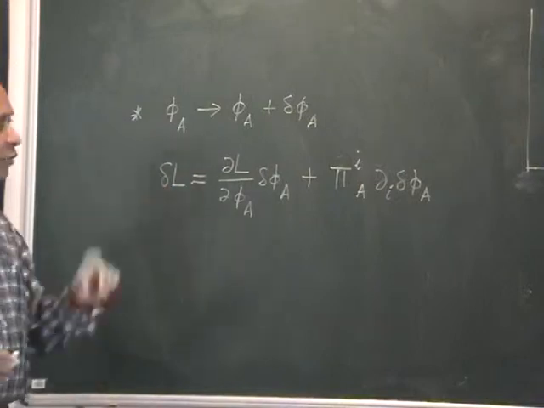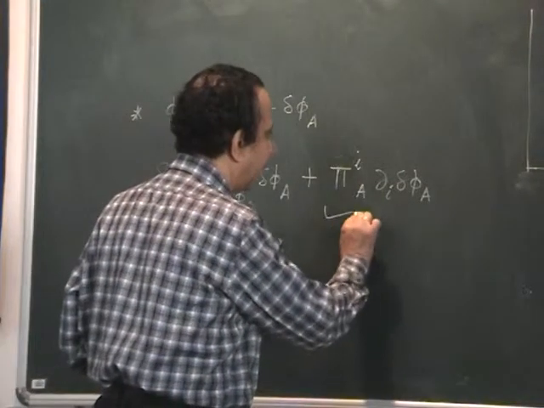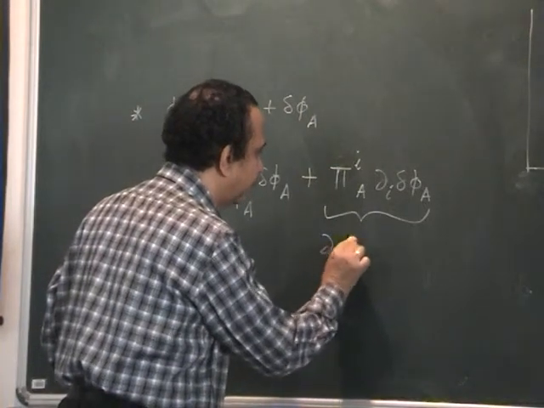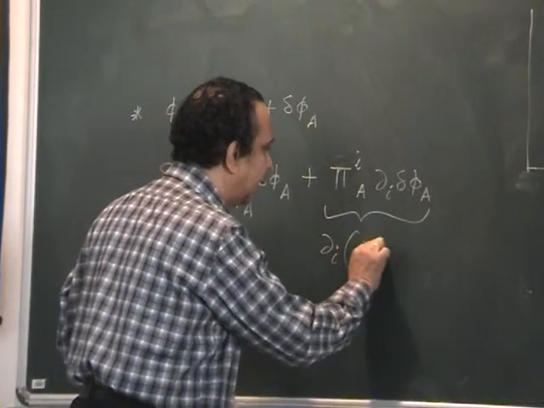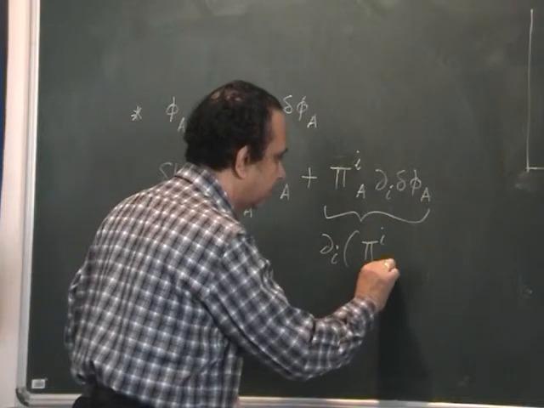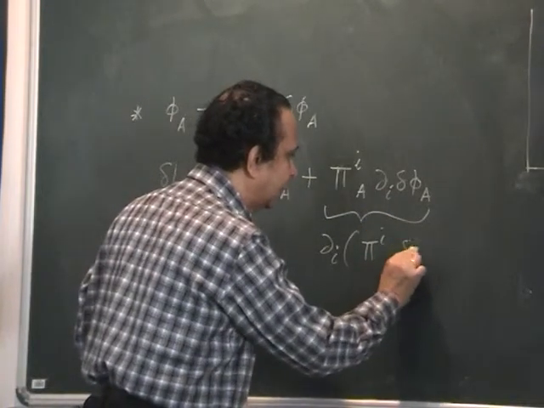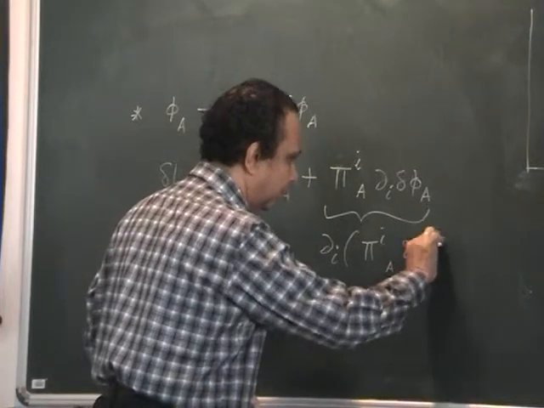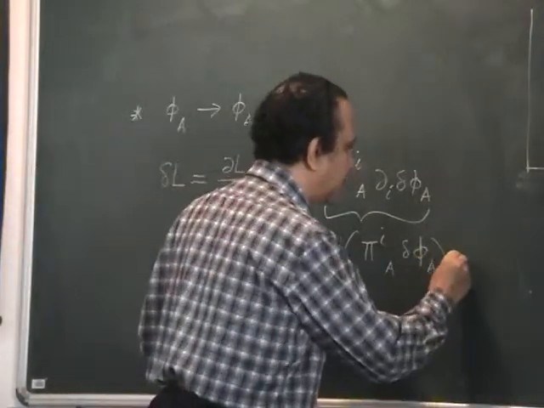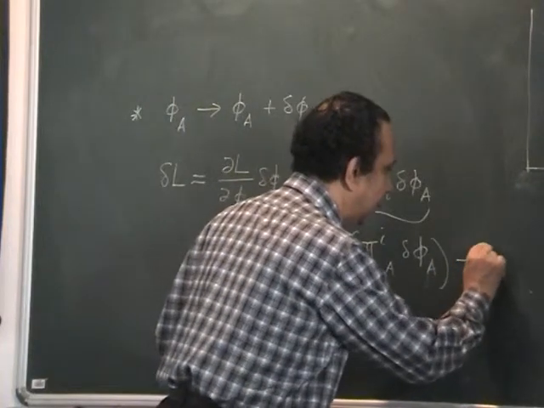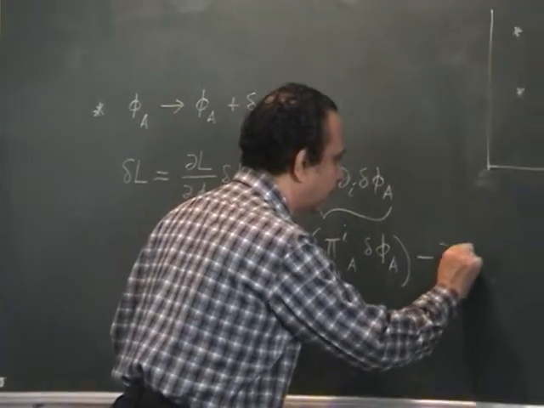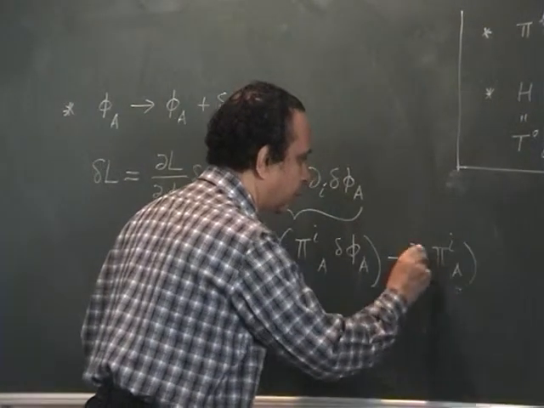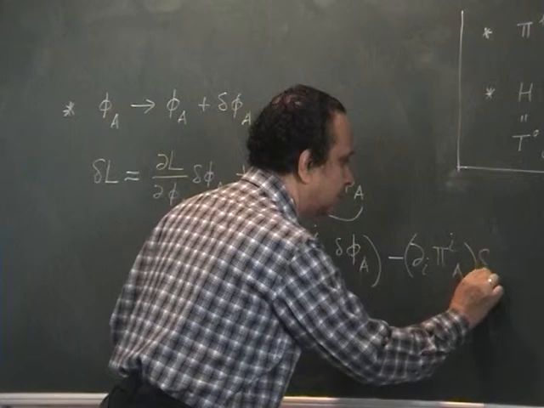Okay. Now this we write as ∂_i of π^i_A δφ_A, then you subtract out minus ∂_i of π^i_A, δφ.